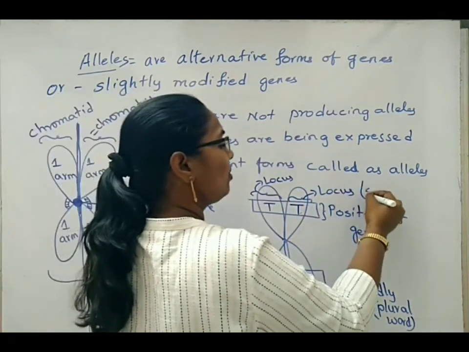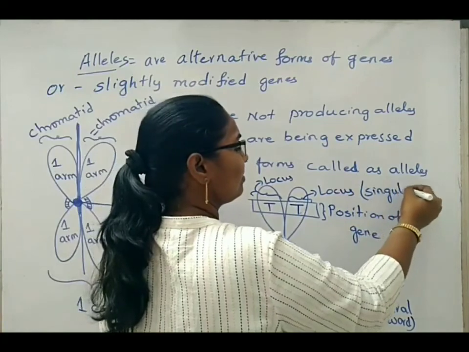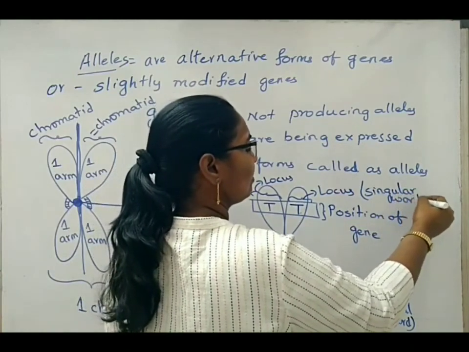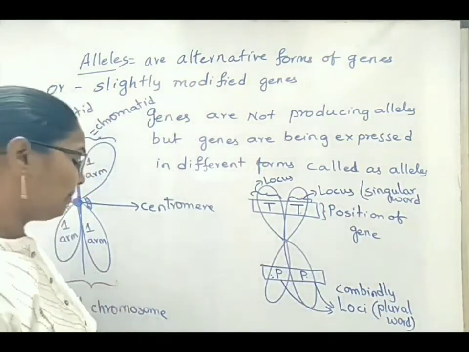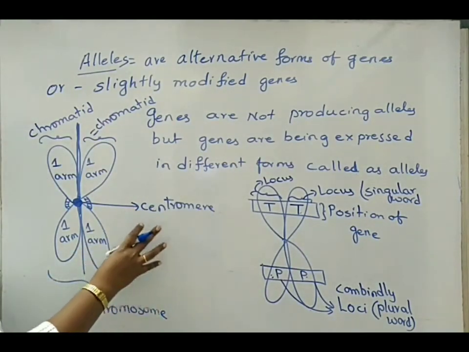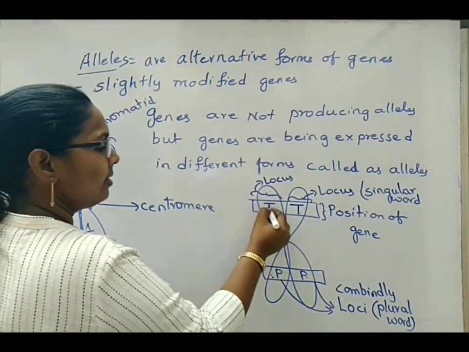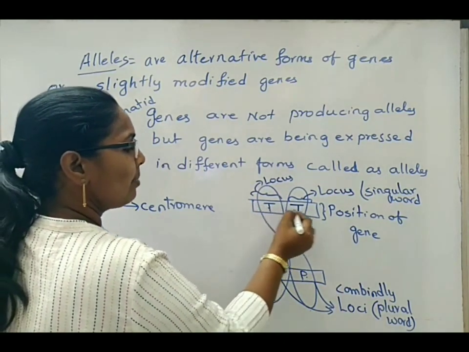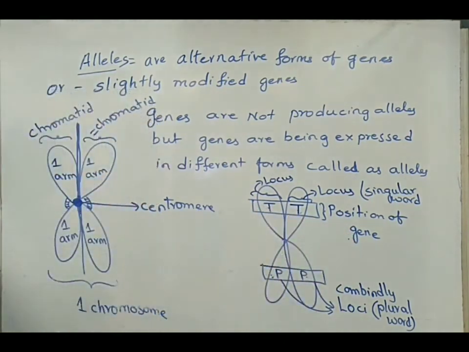Locus is a singular word. Now, this is about the position of the gene. Here I am telling this is one allele, this is one allele. Combined we are calling it a gene. Please students, try to remember such small hint points.